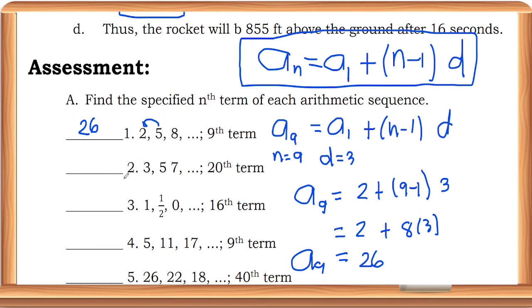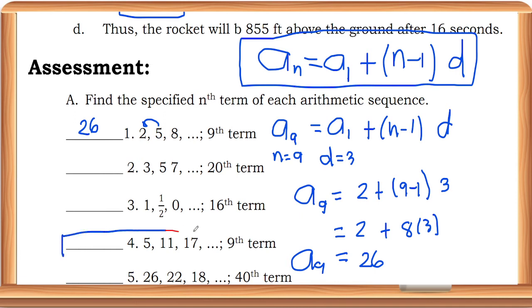Para hindi masayang yung oras natin, dahil malapit na yung oras natin, wag na lang yung number 3. Number 4, sa lalaki naman ako magtatawag. Si June Lozano. June, nandiyan ka pa? Yes, ma'am. Okay, number 4, June, ang papasagot ko sa'yo.